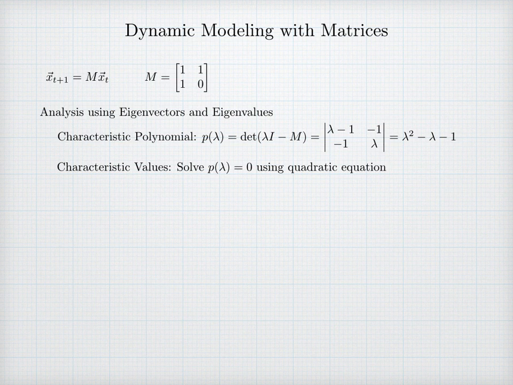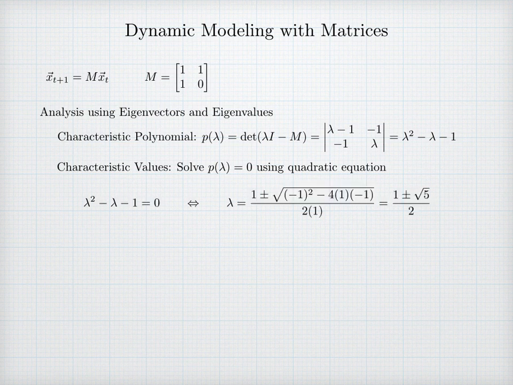Because p, our polynomial, is quadratic, we can find our solutions using the quadratic equation. So here, I like to sing the song, x equals negative b plus or minus square root b squared minus 4ac all over 2a. But here it's lambda. Our value for the coefficient b in the quadratic is negative 1, so negative b is plus 1.